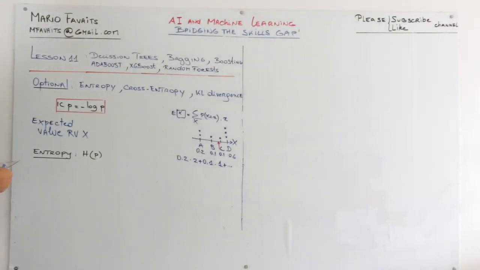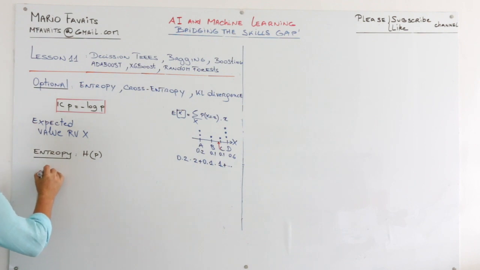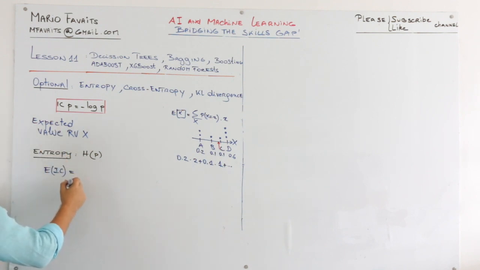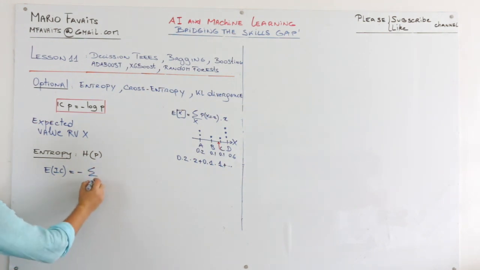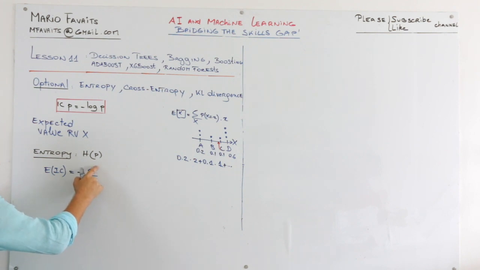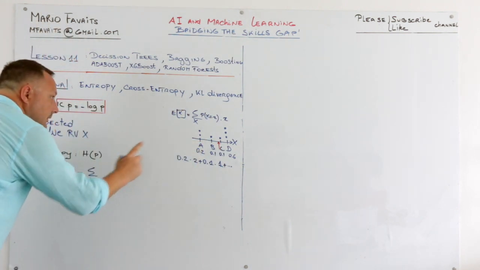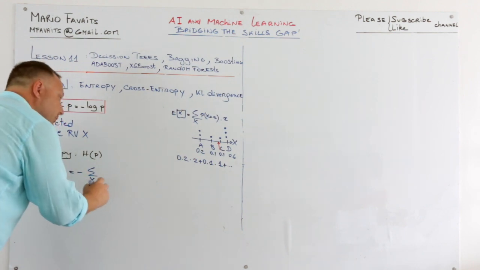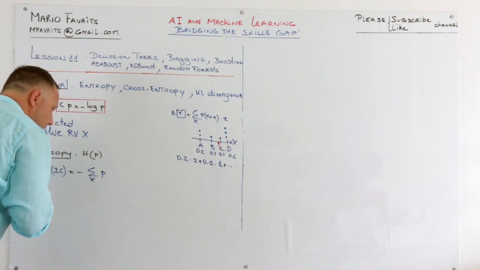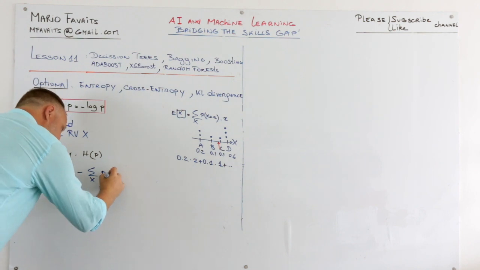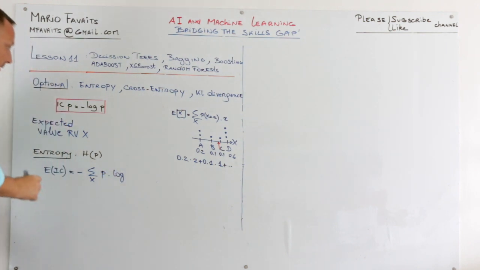So entropy is the expected value of the information content, and that equals minus the sum over x, and here the x's are A, B, C, D, of p times the log of p.